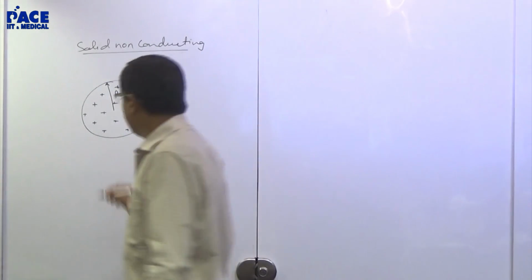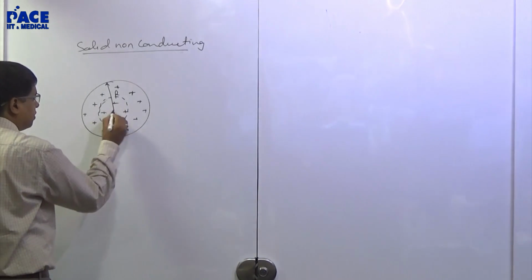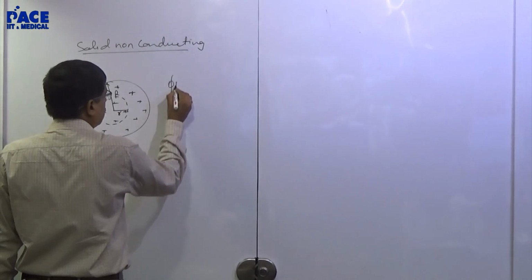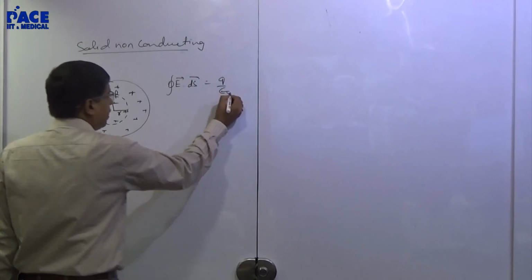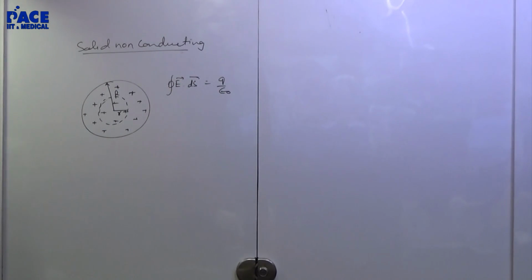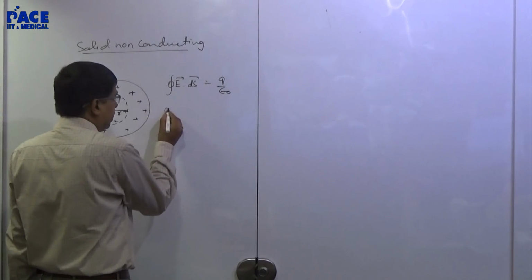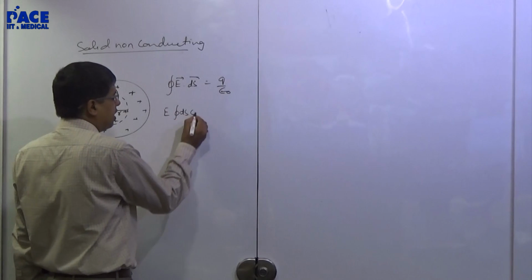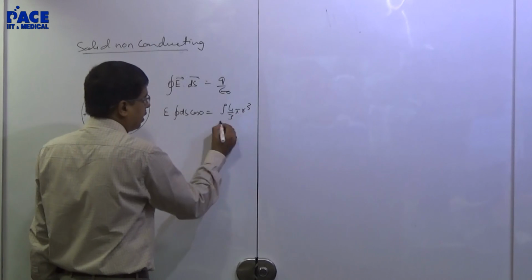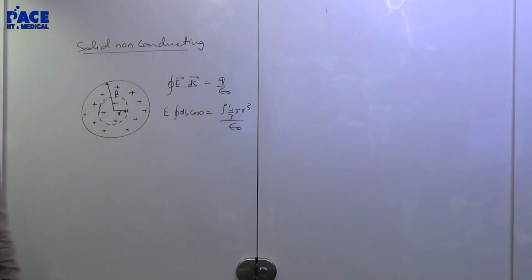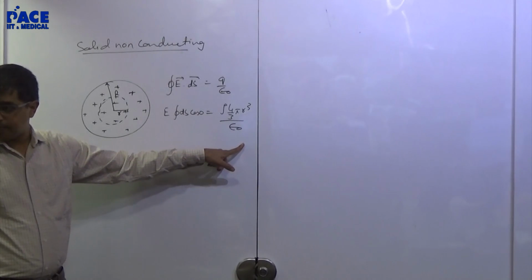You get the answer. Inside, how do you get? I assume a Gaussian surface like this. This is small r. Closed integral E dot ds will be equal to q by epsilon naught. Right? E integral ds cos 0 is rho into 4 by 3 pi r cube by epsilon naught.